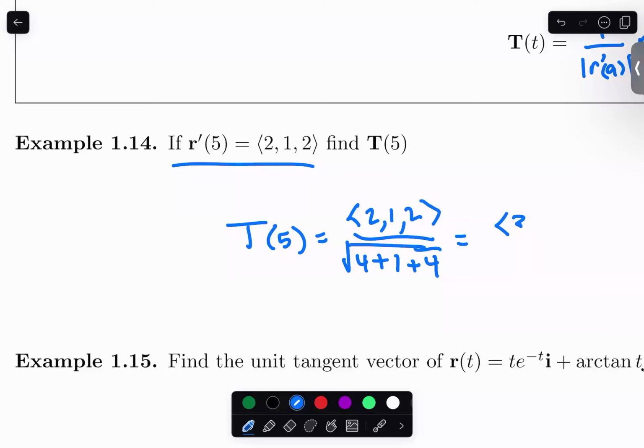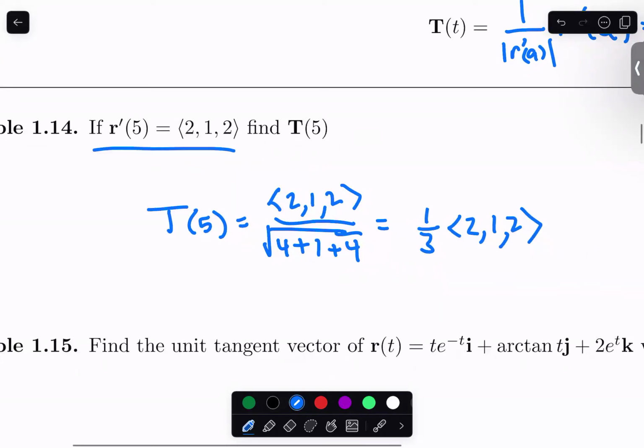Let me write this as 1/3 times my <2, 1, 2>. This denominator is the square root of 9, that's dividing by 3, and dividing by 3 is the same thing as multiplying by 1/3. So to make this as simple as possible, it's <2/3, 1/3, 2/3>.